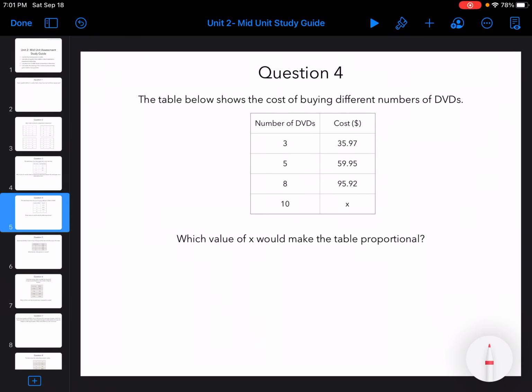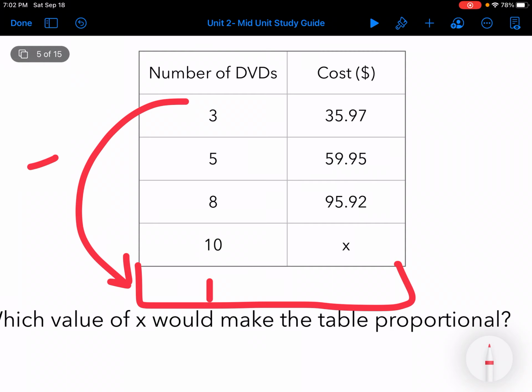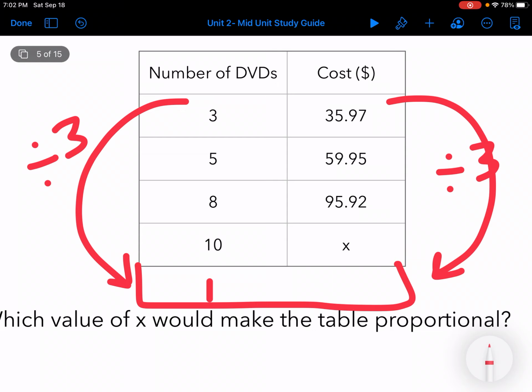The table below shows the cost of buying different numbers of DVDs. So they want to know what value of X would make this table proportional. So I'm going to figure out how much it is for 1 so that I can move forward and figure out how much it would be for 10. So I'm going to divide by 3. So it means I'm going to divide this side by 3. So $35.97 divided by 3 would give me $11.99.